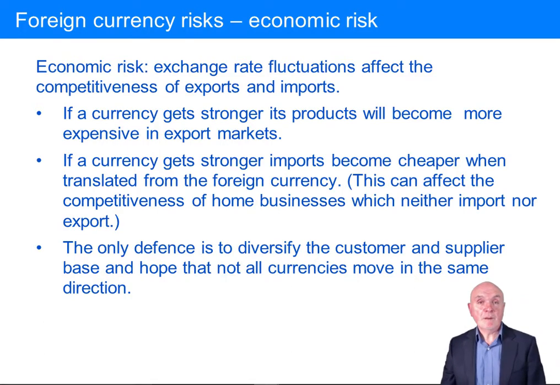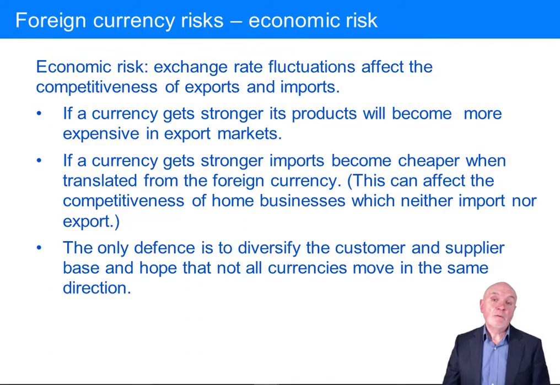So if I export something, which in my own currency was £100, when the dollar was relatively strong at 1.3, then the cost to my American buyer would be $130. But if the dollar weakened to $2 to the pound, when I export this for £100, it's going to become $200 in America.